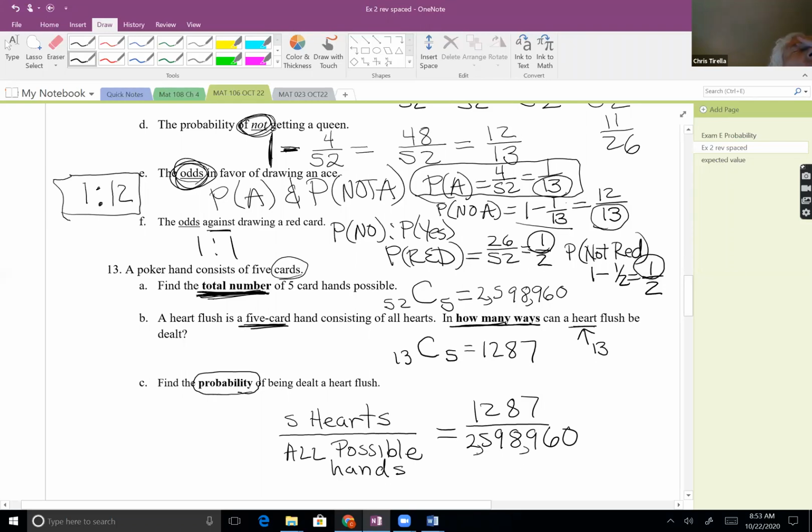If you put this in MyLabs the way it's written, they're going to yell at you and tell you that you have to reduce it. But I know that calculators don't reduce fractions that large easily, and I don't want you to get hung up reducing the fraction.